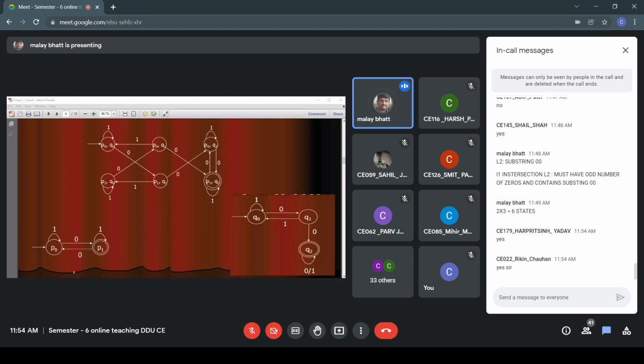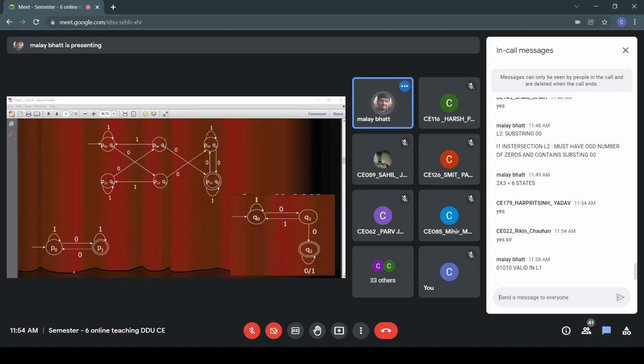You can see it is valid in the first automata, but it is not valid in the intersection. Okay, can you tell in which state this pattern will end in the intersection automata?